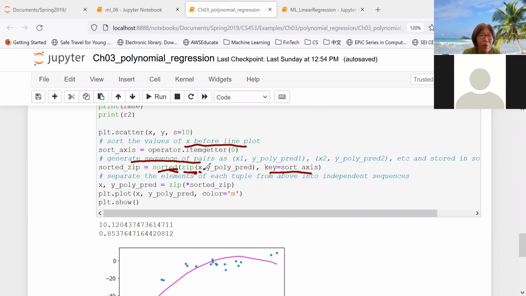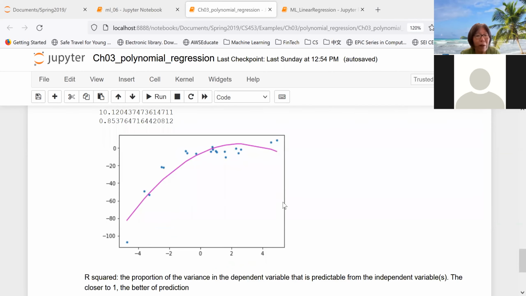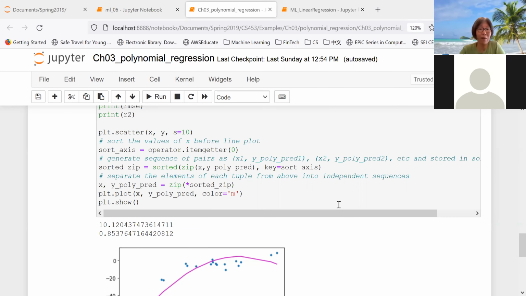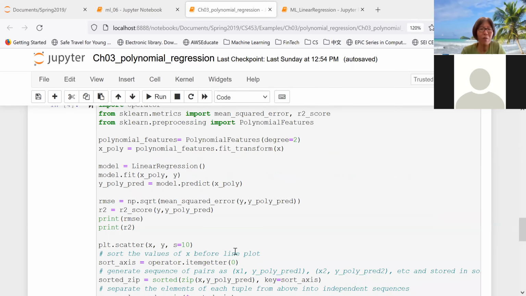This is x and the predicted value regarding the polynomial. But later on, when we draw, we need to unzip the sequence of pairs into their discrete values. Because it's already sorted, the plotting works well.